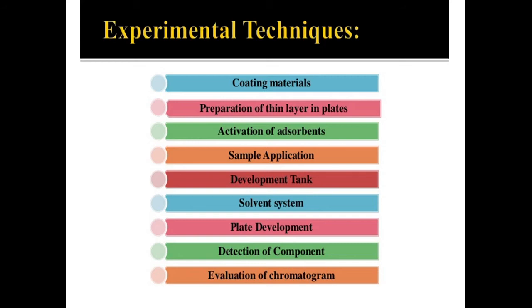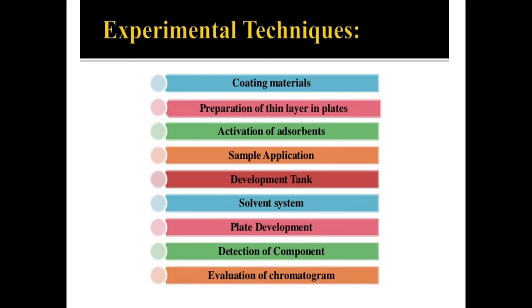Then comes activation of the adsorbent. We have to activate the plates many a time, maybe by heating or by adding certain chemicals. Once the coating material has dried, you apply the sample. After the sample has dried, you place the plate in the development tank, which contains the solvent system, and the sample components will move along with the solvent.